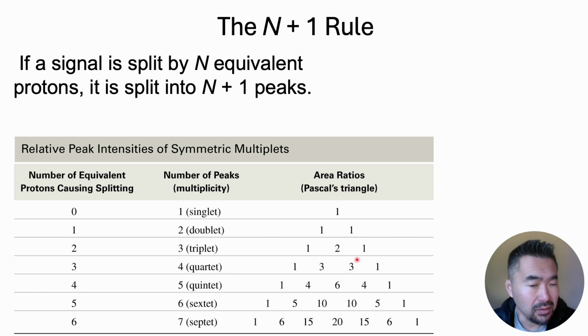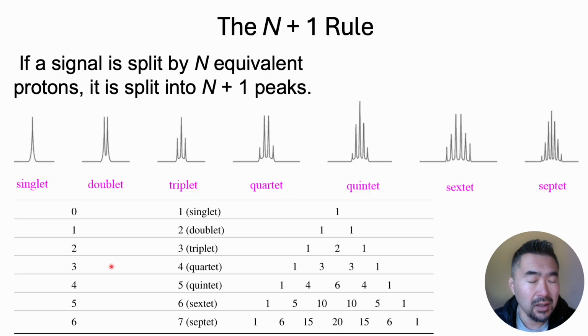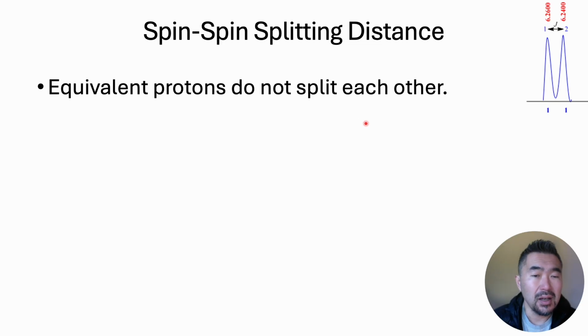That would be the ratio you would see for these different multiplicities of split peaks, depending on how many neighboring protons you have. In reality, this is what they look like. Like a quintet is when you have 4 neighbors. The ratio would be 1 to 4 to 6 to 4 to 1, and that's what you see here: 1 to 4 to 6, 4 to 1.